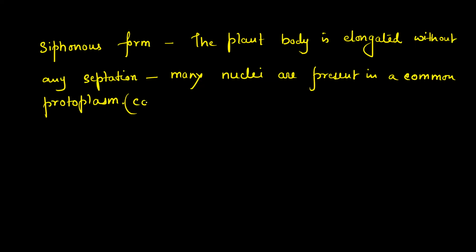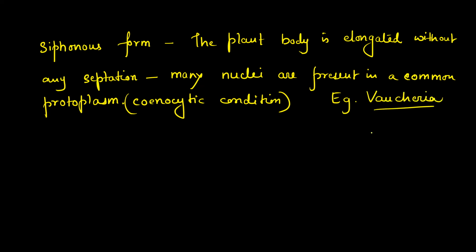You must have heard of this word, coenocytic condition. Okay. Example, Vaucheria. Other examples can be Botrydium also.